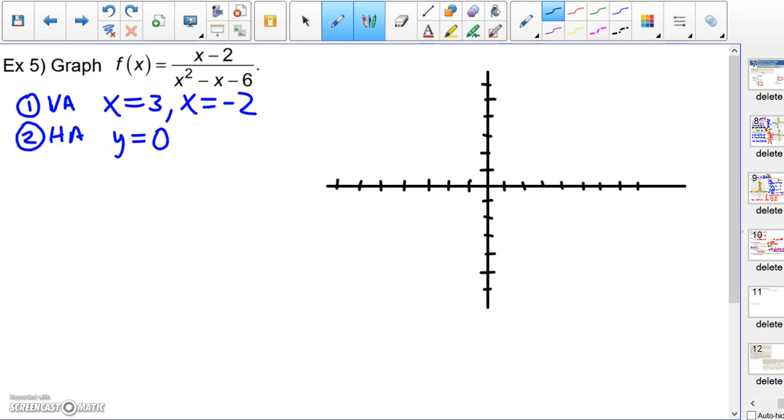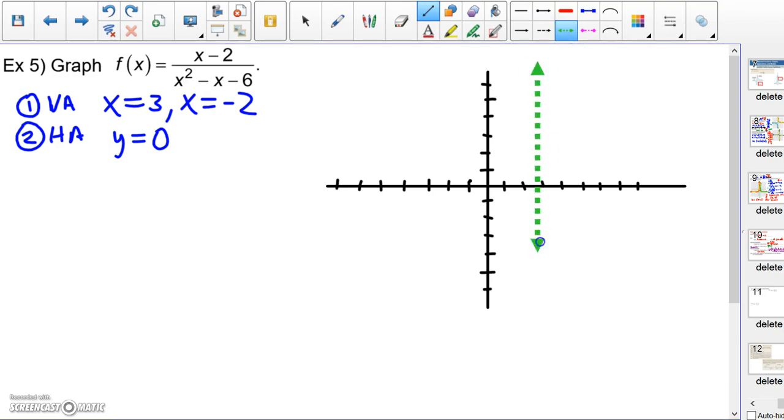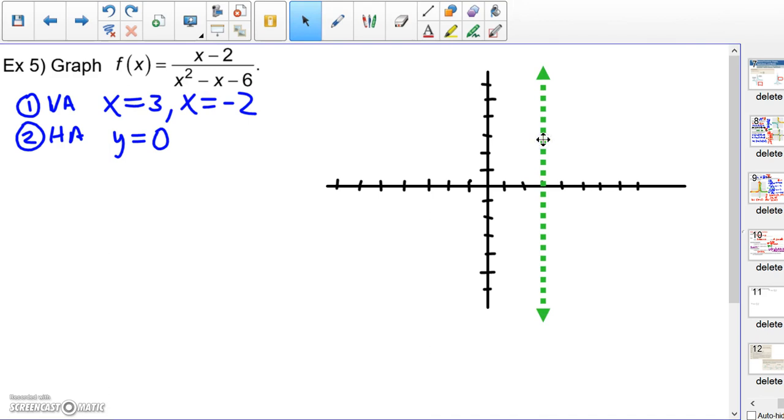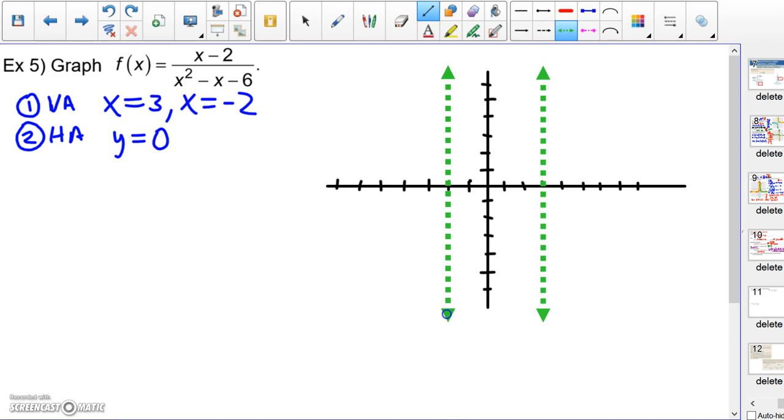We're going to have a vertical asymptote at x equals 3 and also one at x equals -2 and a horizontal asymptote at y equals 0. So we've kind of got the boundaries for whatever our graph is about to look like.